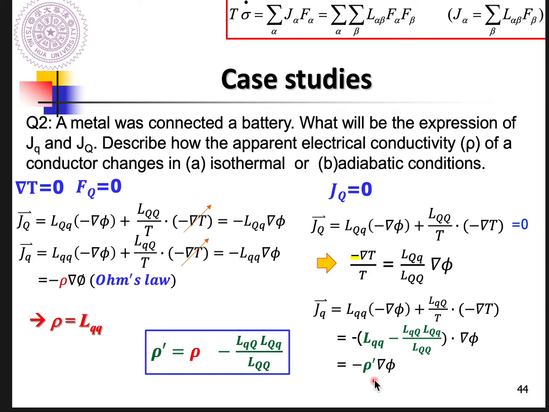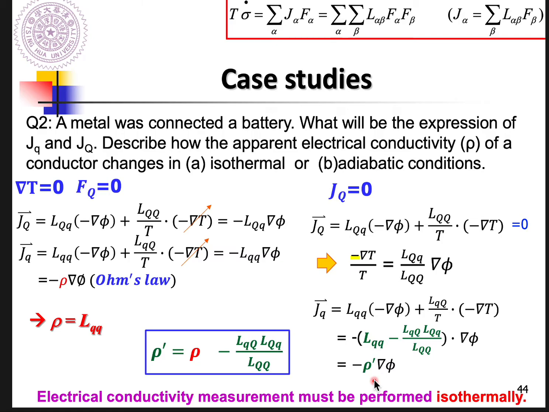Okay. So let me give you some comments. If you want to measure the correct electrical conductivity of your materials, you need to assure that there's only the direct driving force applied on your materials. There's no other types or forms of driving force existing in your system.